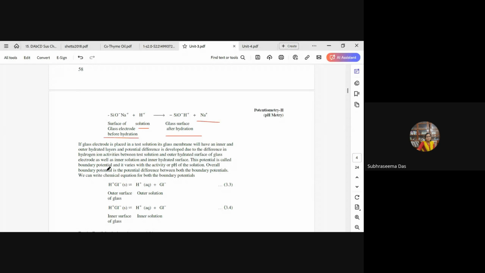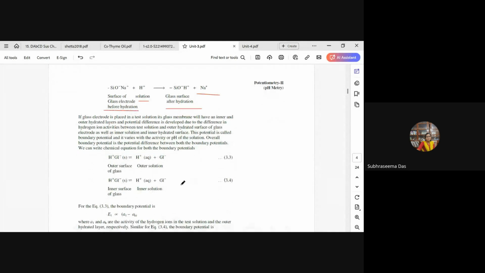Mathematically, we can write for the boundary potential H⁺, Gl, as indicated. We can see the overall boundary potential, that is EB.